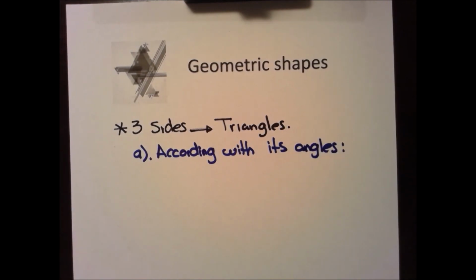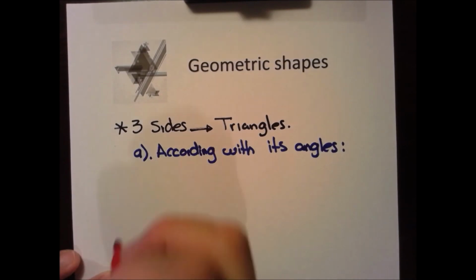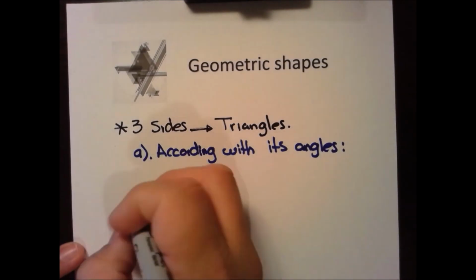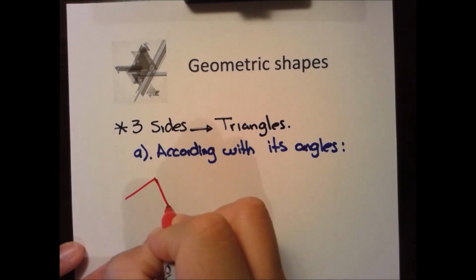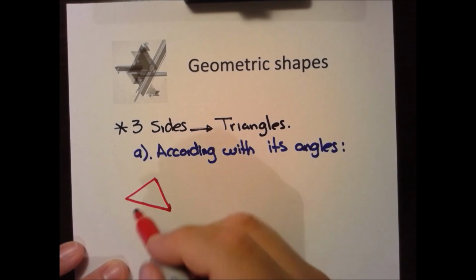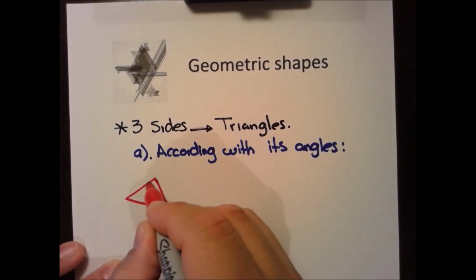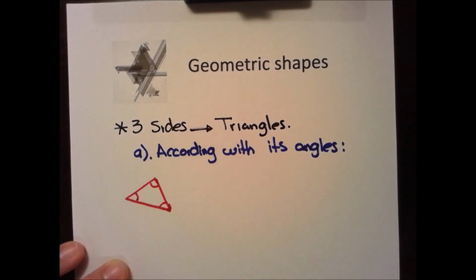Okay, according with these angles, we are going to have 3 different types of triangles. The first one is going to be some triangle, for example, like that one. As you can see, all the angles that we have inside of the triangle are less than 90 degrees.